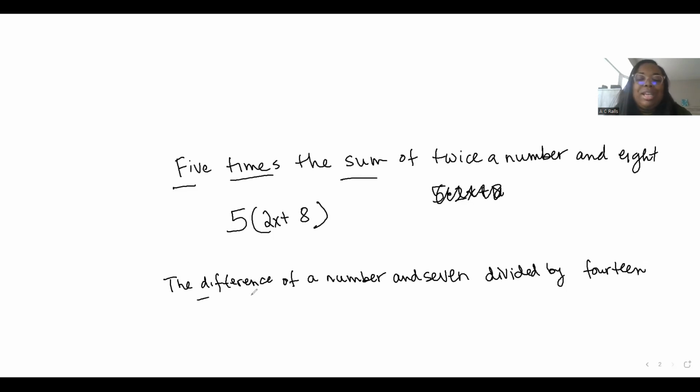So this is a difference of a number and 7, being the whole difference, is being divided by 14. Or if you wrote it out horizontally, the difference would have needed to be in parentheses, and then you divide it by 14.